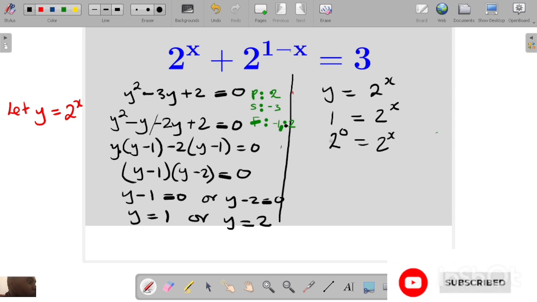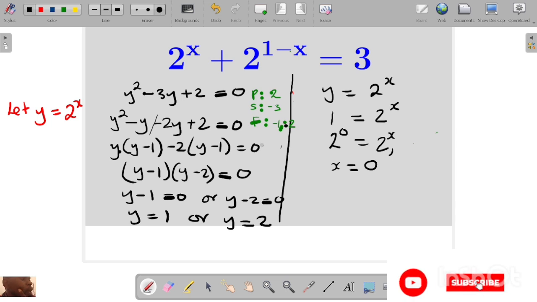Okay, so you can see that the bases are the same, and because the bases are the same, by the laws of indices, when you have a to the power m equal to a to the power n, then m is equal to n. That's what we are going to apply here. So we're going to have x being equal to 0.